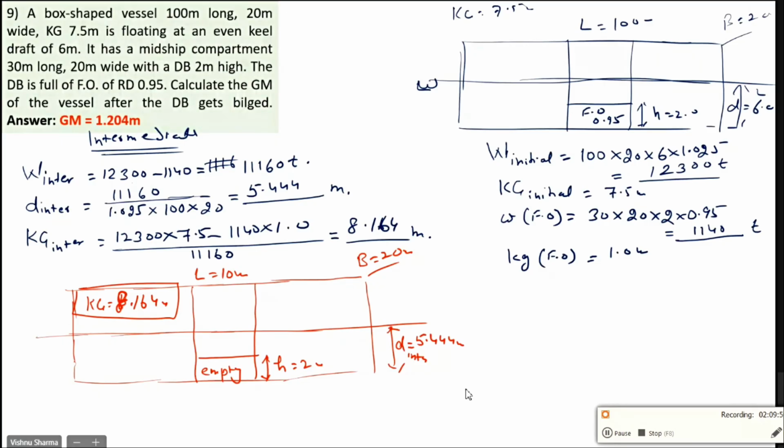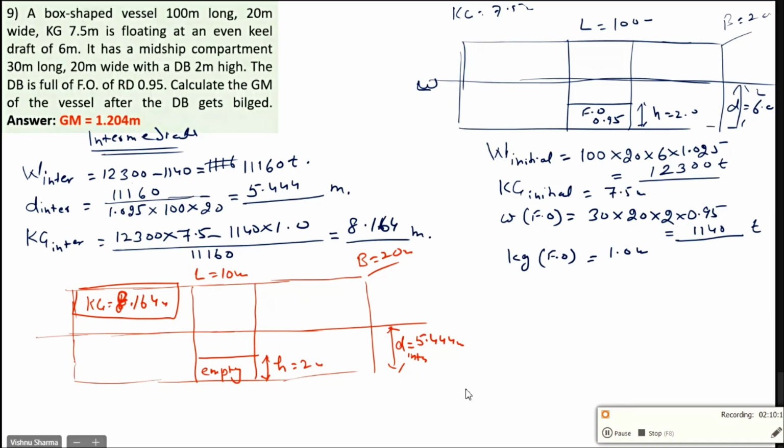If you bilge both these compartments, in the red one where it is empty, the space will be occupied by seawater. In the blue one also, fuel oil will be lost and the DB space will be occupied by fresh seawater. So what has happened now? After bilging, the DB of both the ships will be in identical condition.